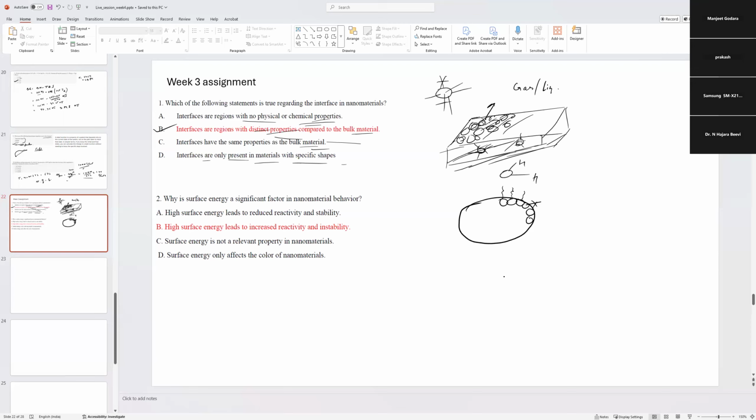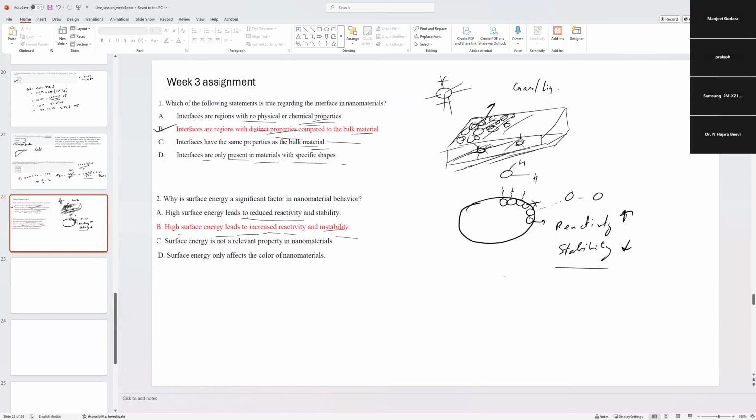They promote reactions to take place. Maybe O2 or water atoms would try to bond. So it actually leads to an increase in reactivity and decrease in stability. For the surface atom, the reactivity increases and stability decreases. High surface energy leads to increase in reactivity and decrease in stability, an increase in instability.